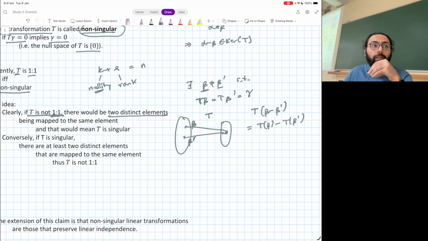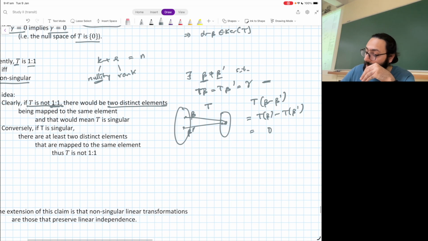So what is this equal to? Karthik, what do you think? It's 0. Exactly. And beta minus beta prime are not the same vectors, so this is a non-zero vector.